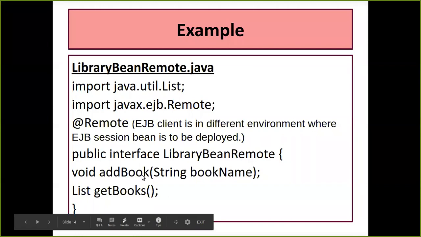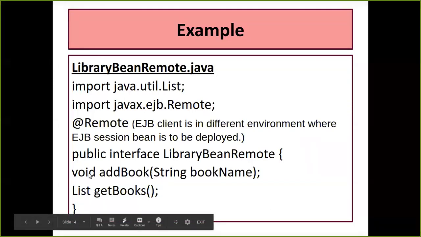One is the add book method, where we have passed one string variable. The expectation is that we accept different names of books and add them to the list. Once we have added them to the list, we want to see what books we have added, which we can fetch with the help of a get books method. These two methods are user defined methods.